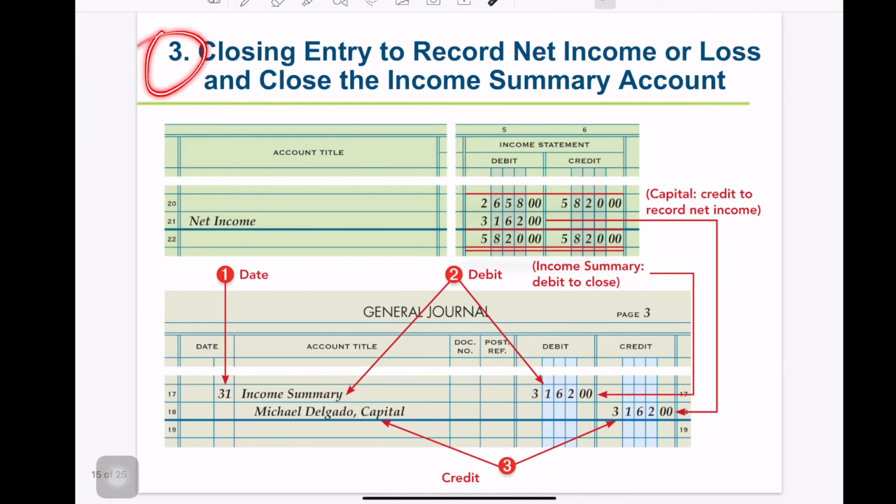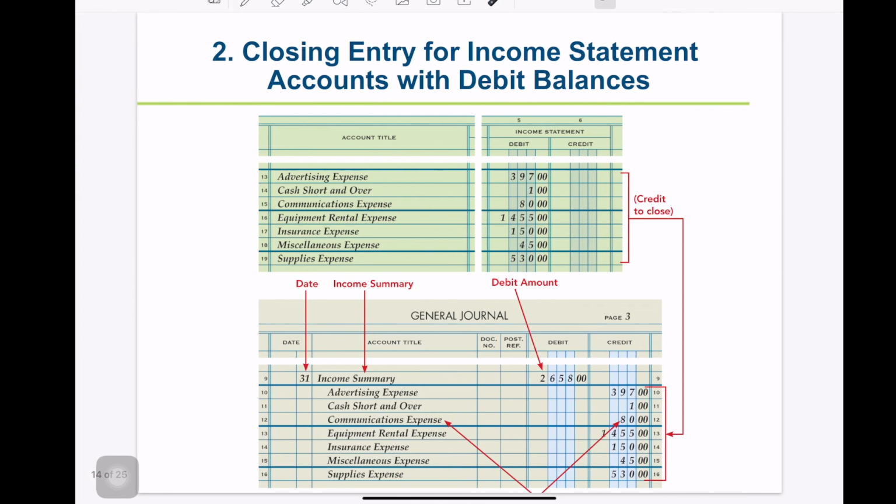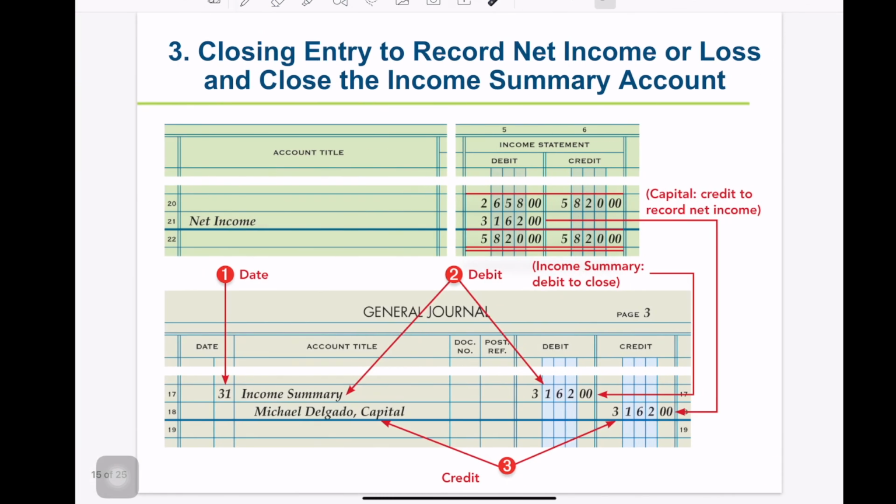The third closing entry is to record net income or net loss and close the income summary account. So really, our net income or net loss should be in our income summary account, because right now in our income summary account we have put two amounts. We have put our sales and we have put our expenses. And how did we figure out our net income? We took sales minus expenses.